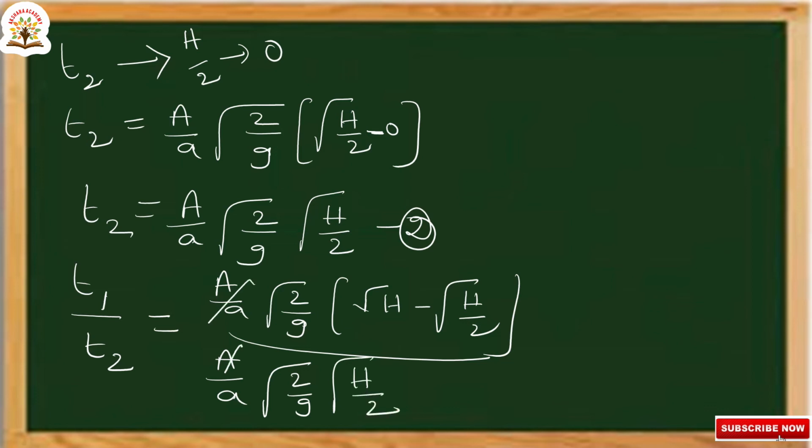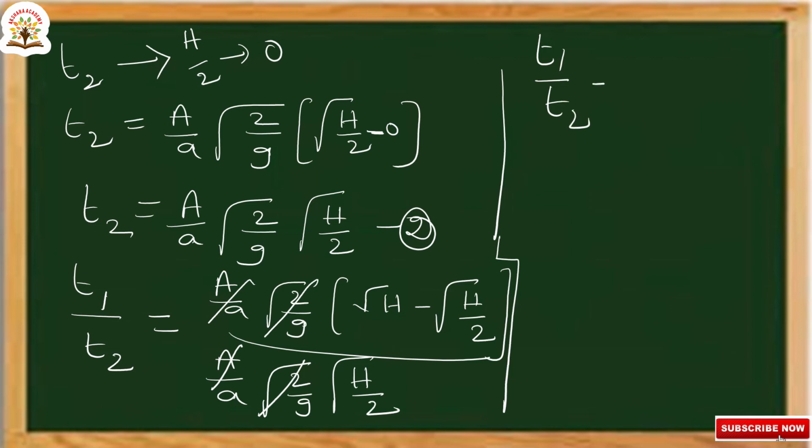A by a cancels and root 2 by g cancels. So T1 by T2 is equal to root of H minus root H by 2 by root H by 2.